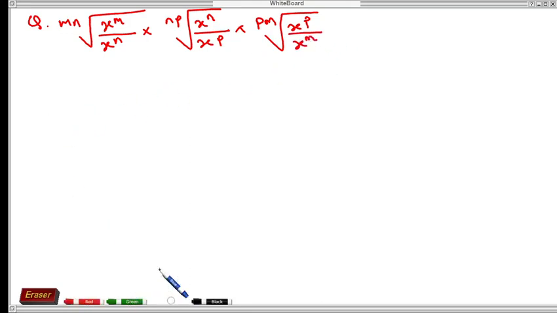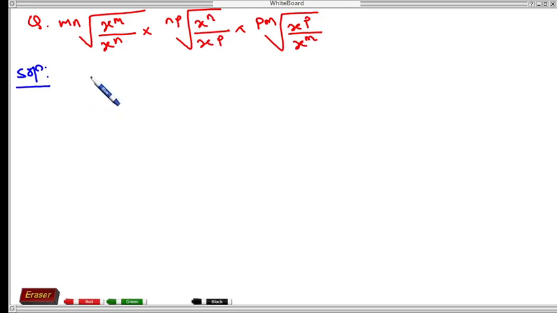And now the solution is, I haven't copied the question again because the space may not be enough. Okay, then let's think how we can solve this. x to the power m minus x to the power n, that is x to the power m minus n by mn, and n minus p by np, and we can simplify. Let's think in that way.